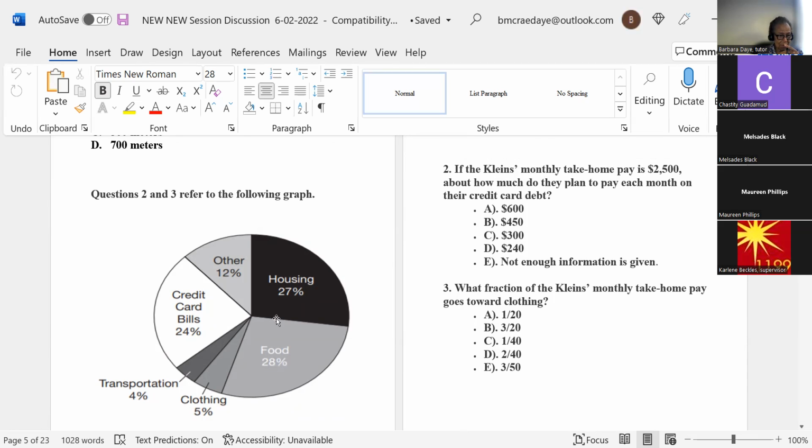No. Remember I said the whole thing is 100. 5 over 100 represents what fraction? Simplify that. Reduce it to the lowest term. What do you get?